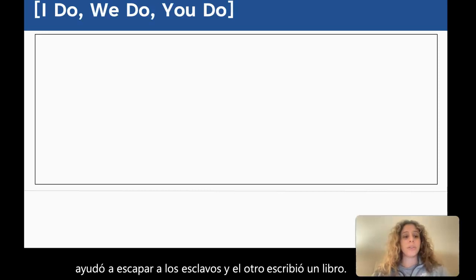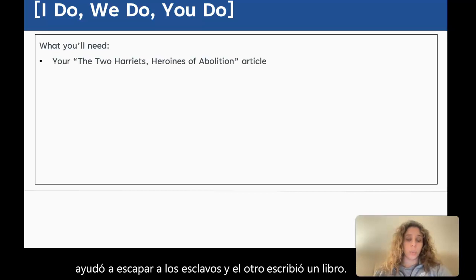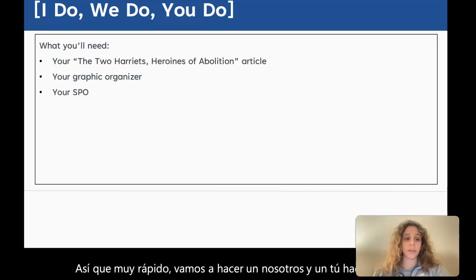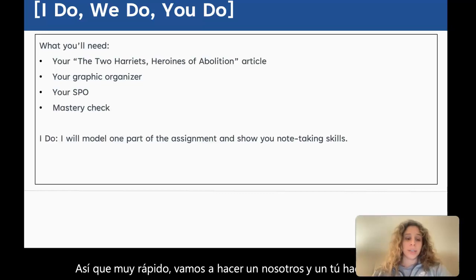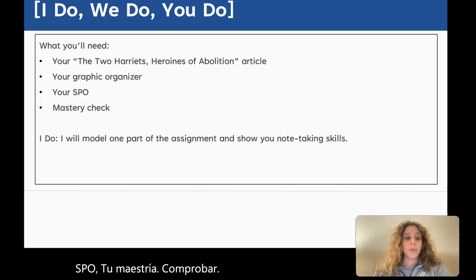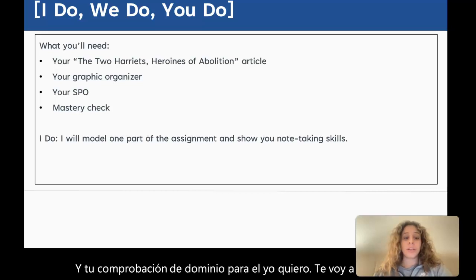So really quick, we're going to do an I do, we do, and a you do. What you're going to need is the article, your graphic organizer, your SPO, and your mastery check. For the I do, I'm going to show you how to insert information in the graphic organizer.